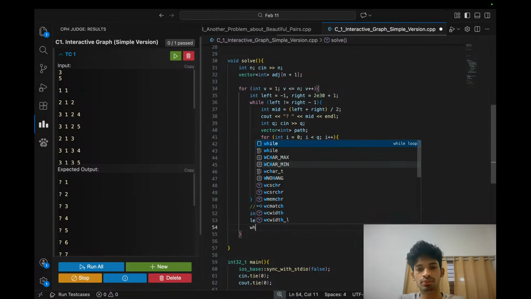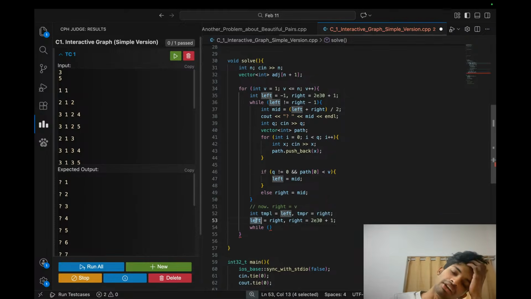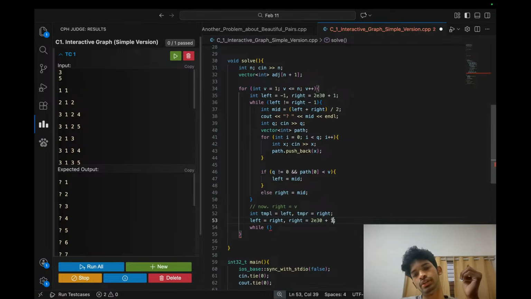Okay. Now we'll keep increasing left here. Okay, you have this space from here to here. You have this space from here to here. Right.